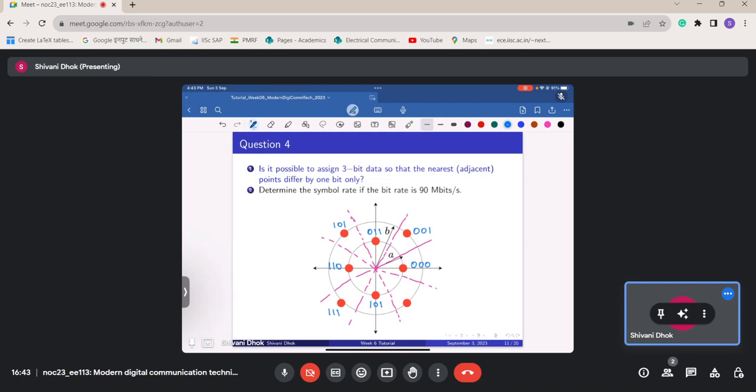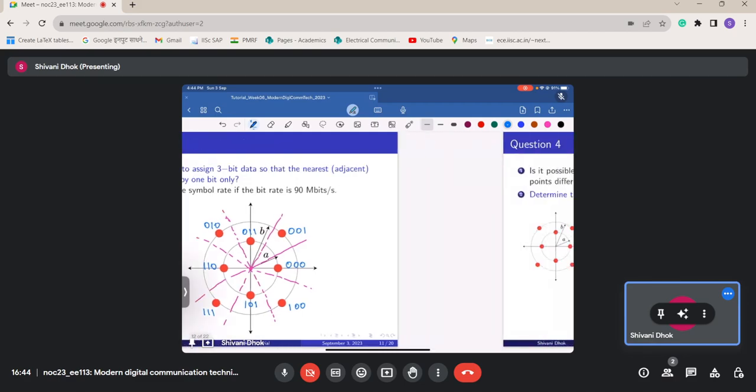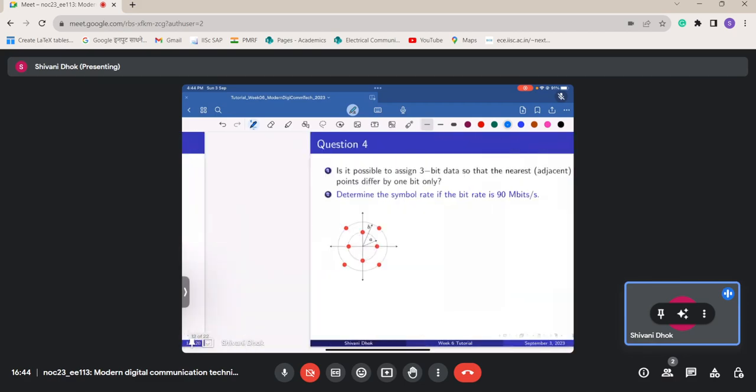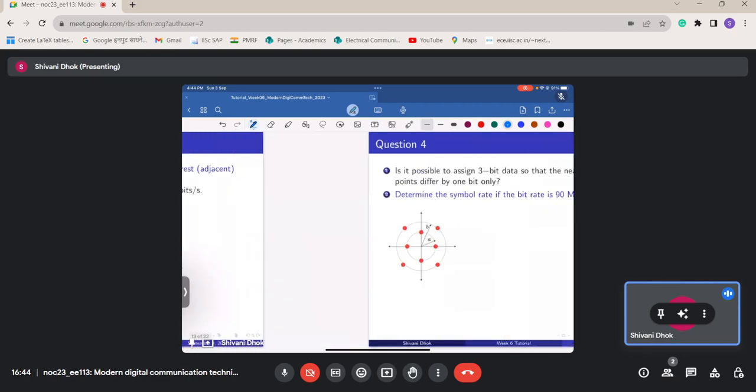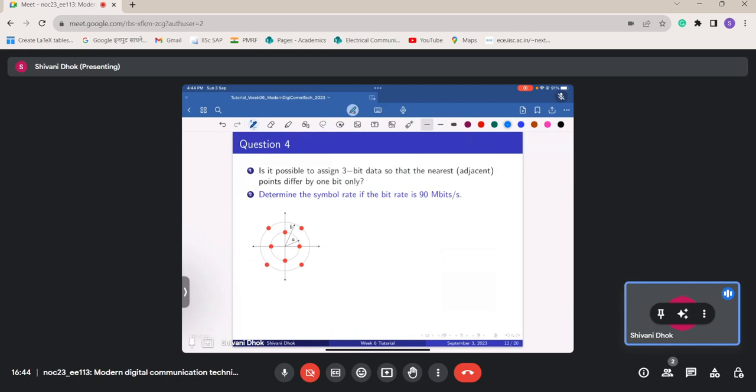I think I made a mistake here. This will be 0 1 0. Yeah, and this one will be 1 0 0. So this is the gray coding that we have achieved. I hope this is clear. Let's go for the next part of this question.